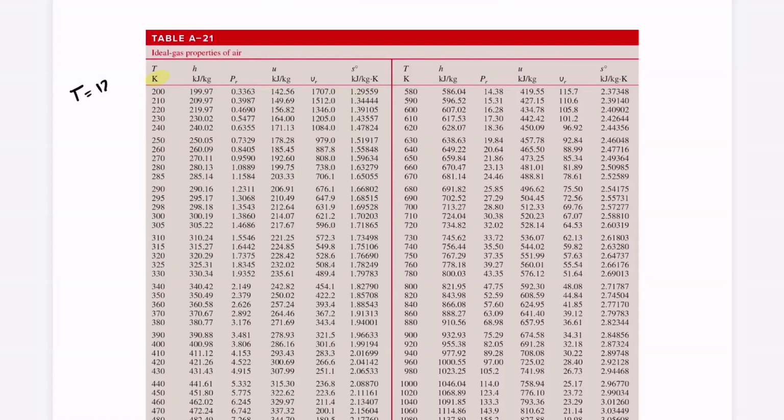That's 400 Kelvin. So we're going to go down to our 400 Kelvin, which means that HI at 400 K.